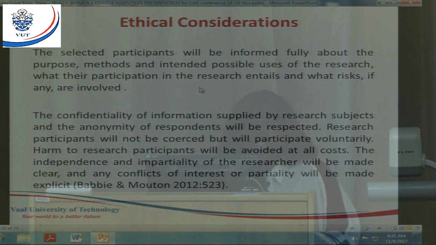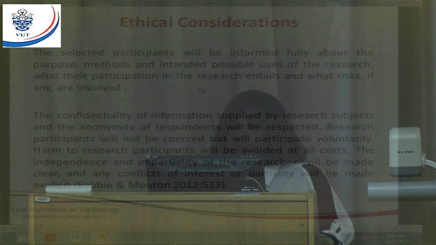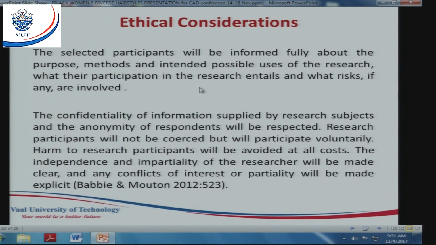The confidentiality of information supplied by research subjects and the anonymity of respondents will be respected. Research participants will not be coerced but will participate voluntarily. The independence and the impartiality of the researcher will be made clear, and any conflicts of interest and partiality will be made explicit.